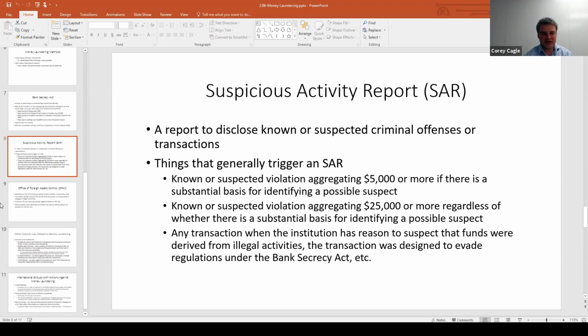Some kind of violation over a certain amount, and under a certain amount, even if there's some kind of basis for identifying a suspect. But yeah, in a nutshell, it's any transaction they have a reason to suspect that the funds were from some illegal activity or to evade that Bank Secrecy Act smurfing thing.